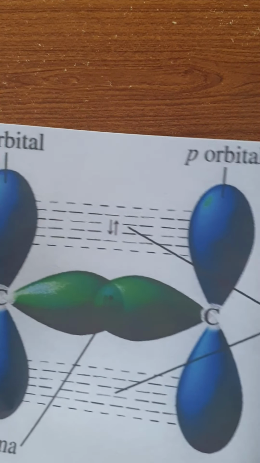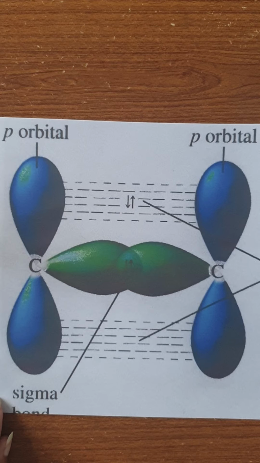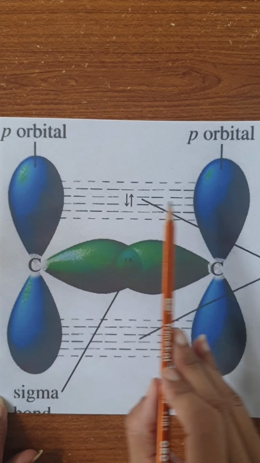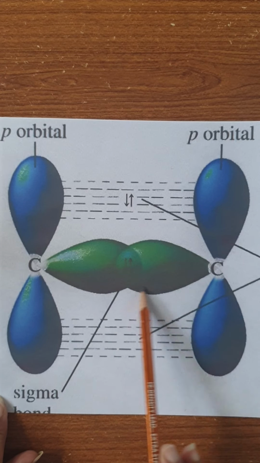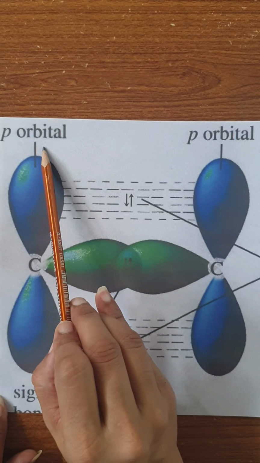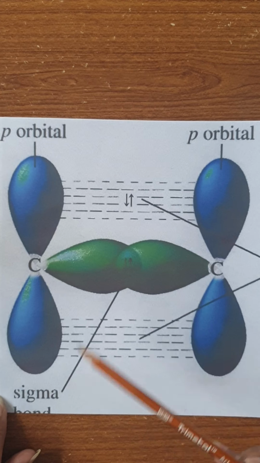After that, we have another important overlapping, and that important overlapping is side to side. Now you can see that this is the end-to-end overlapping, but the p orbitals, we know very well, are dumbbell shaped.